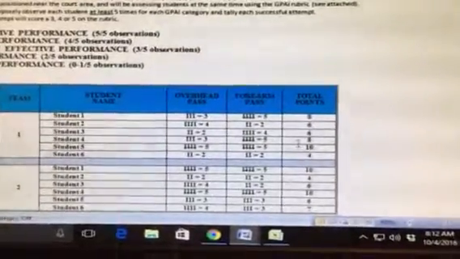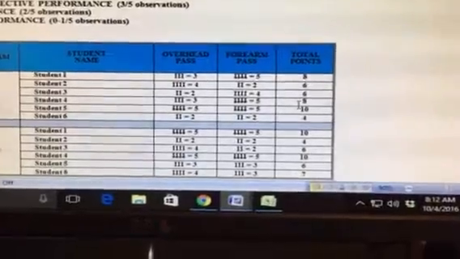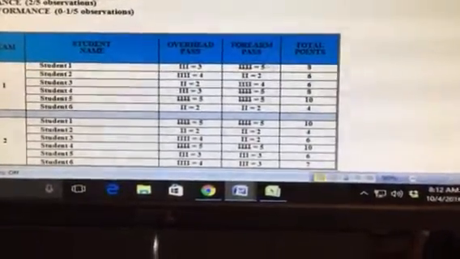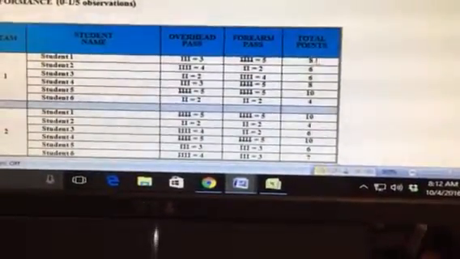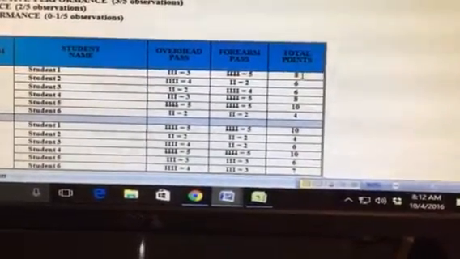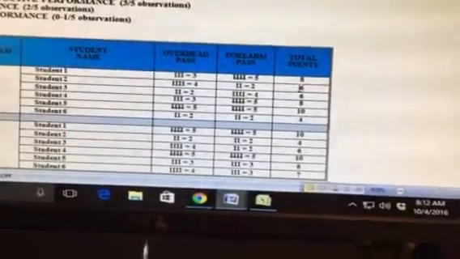Okay, you just watch them and you tick it off. You watch them 5 times, and 3 out of the 5, for instance, right here, were good at the overhead pass, and 5 out of 5 for the forearm pass. So they got a total point of 8, and that means that they met or exceeded the target learning score. Here's someone with a 6.